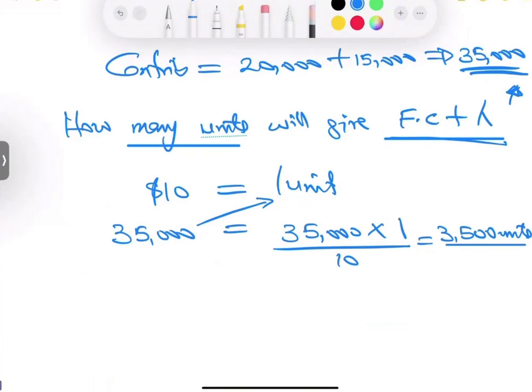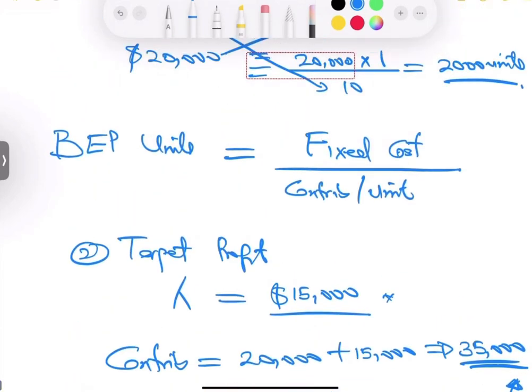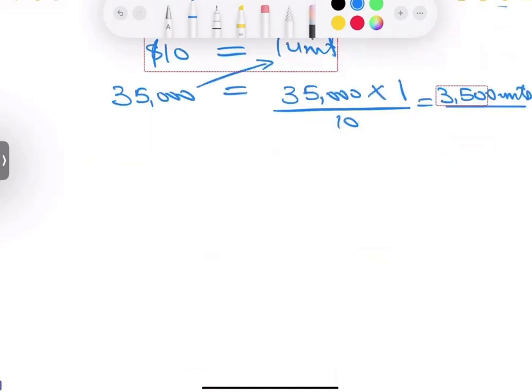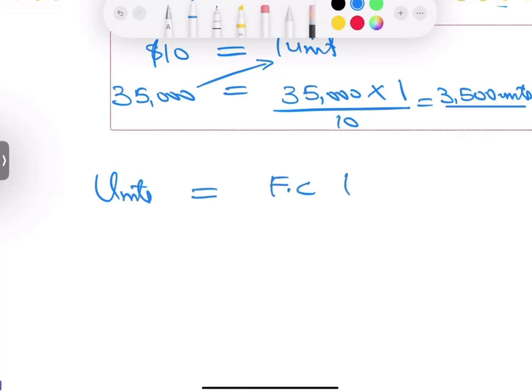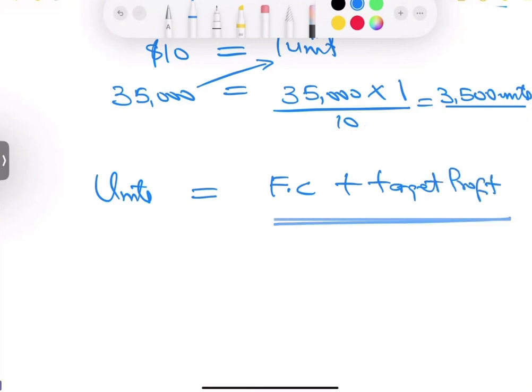And there's a formula as well in the textbook. If you are the formula type, yeah, the formula is just addition to this formula, which is easy to memorize even with your understanding, because now we're just going to add it to this place. So which means that the unit you have to sell will be equals to fixed cost plus target profit divided by contribution per unit.